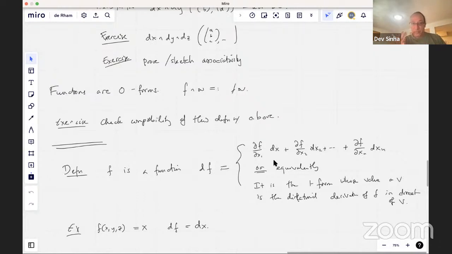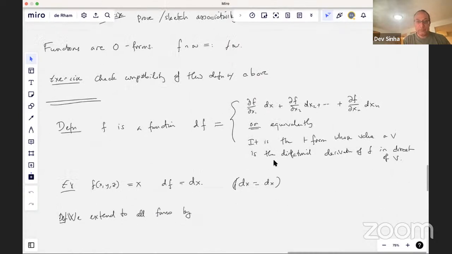You can just start with this notion of exterior product and wedge, and you get everything. So in other words, dx equals dx. So we extend to all forms by the Leibniz rule.